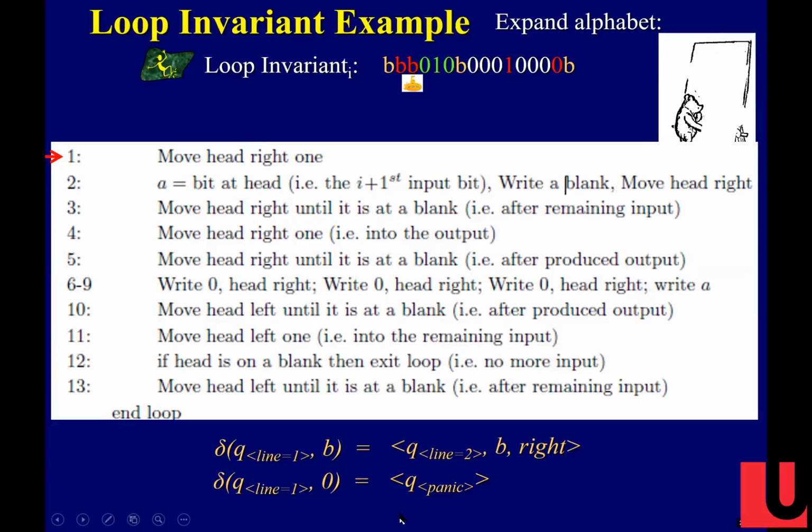Okay. Gotcha. Thank you. So I have a question again. Do we cover all the cases, like when we're in state line 1, if I see a blank, then I go to line 2. If I see 0, I panic, and in the case I see 1, I panic. Yes, we just finished the entire row of the table, so we cover all the possibilities.